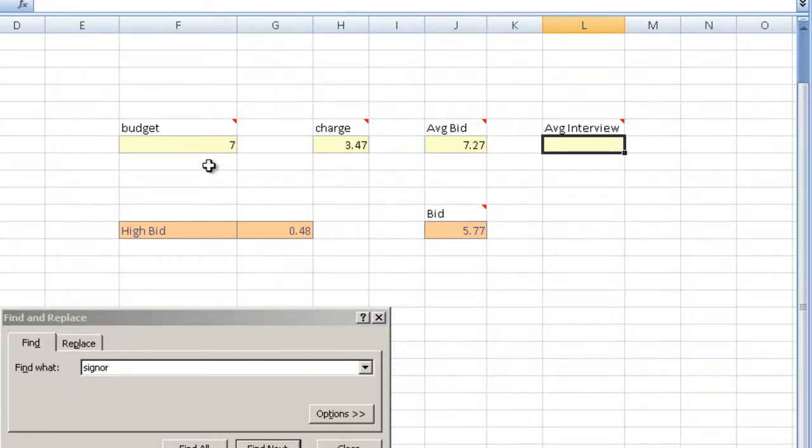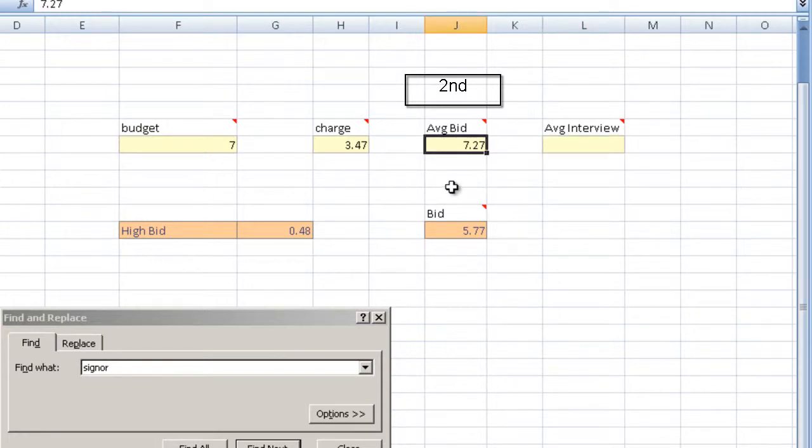The first thing you'll want to look at is the actual amount he's interviewing at. If you don't have the interview information, then usually you'll go to the average bid, and that'll be a good indication. Based on what everybody else is bidding, the client wouldn't have much room to work with.